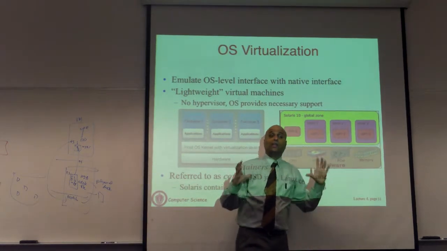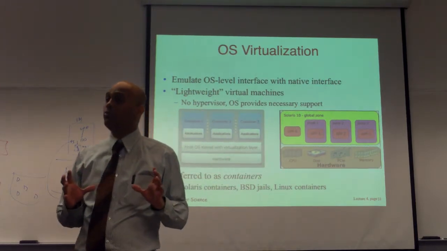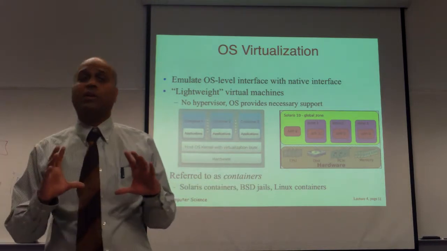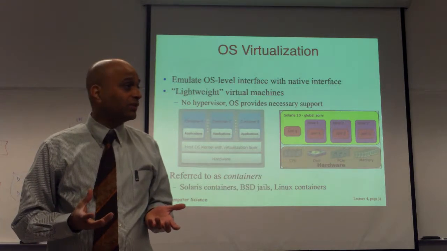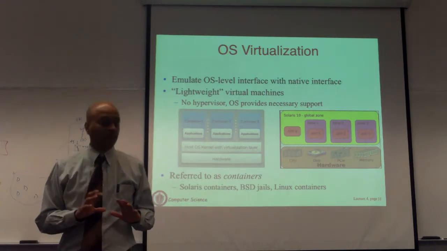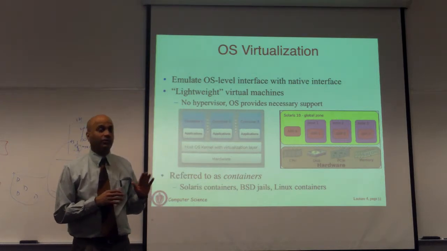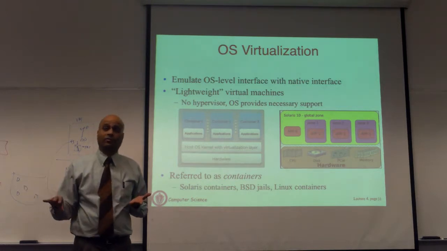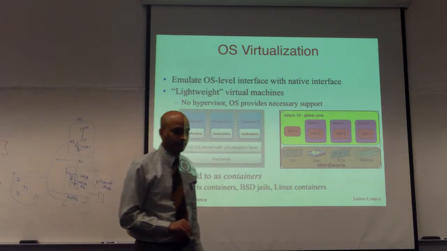You essentially get a more restricted view of what is happening on your machine. You may not see certain files or certain other processes, so you are limited to what you can actually see and use on that machine. That's the notion of what a container will do for you. We'll talk about this in the context of Linux, but first understand that this is virtualization at a different level of the software stack. We are talking about the OS level, not hardware anymore.